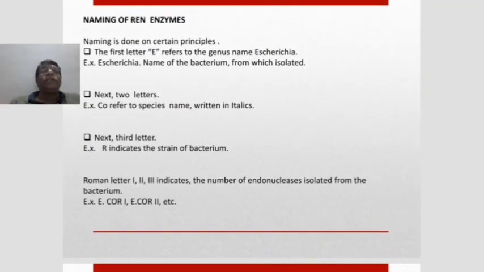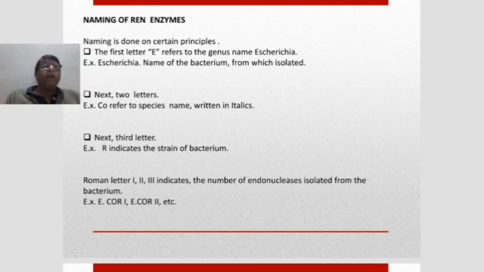Naming of restriction endonuclease enzymes, for 3 marks: write a note on naming. For example, EcoRI, EcoRII, AluI, HindII, HindIII. How is the naming done? The naming is done on certain principles.